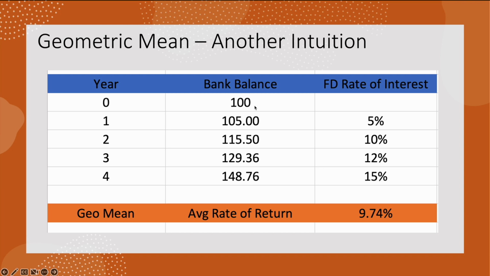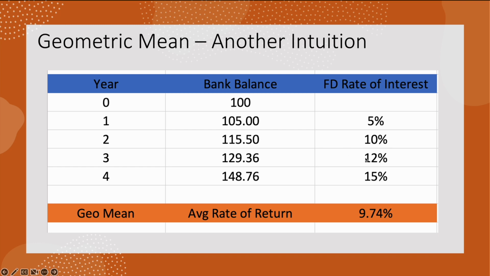Now you have 100 rupees deposited for 4 years. First year with 5% interest, your money became 105 rupees, right? This 105 rupees gained 10% interest and became 115.50 rupees in the second year.